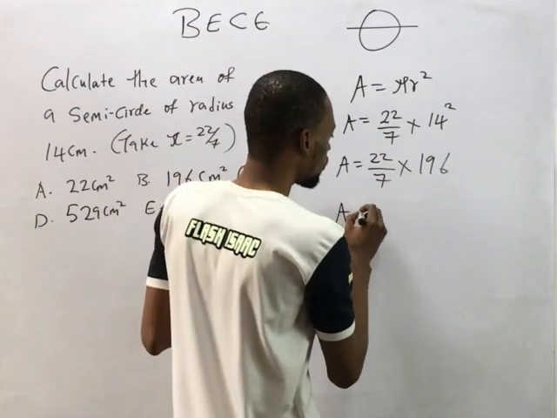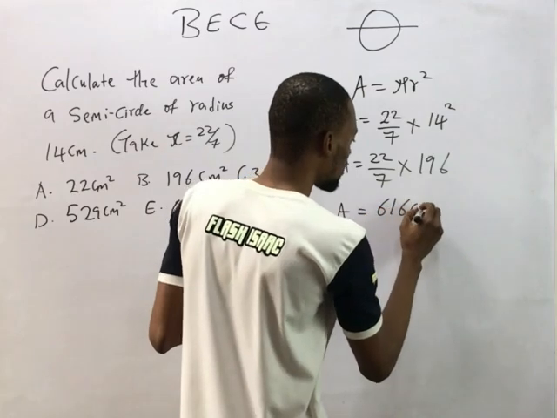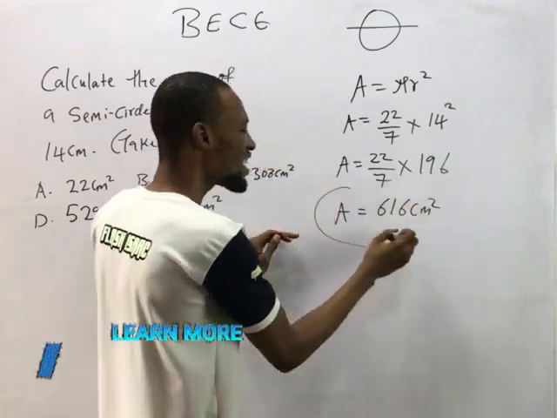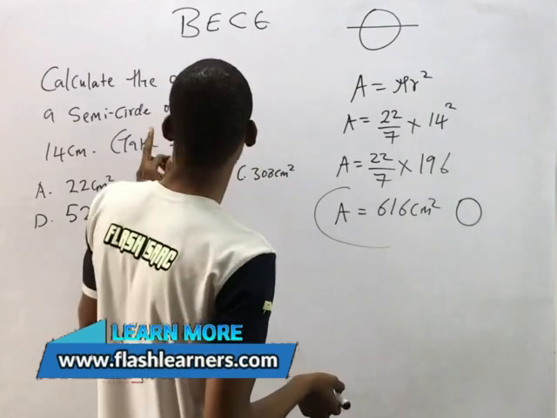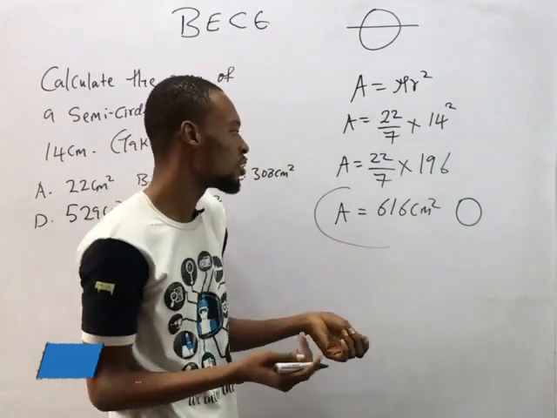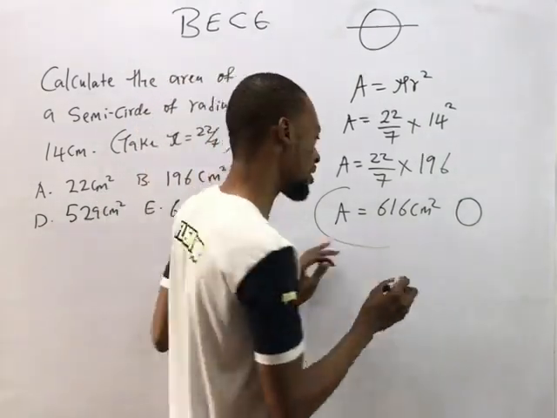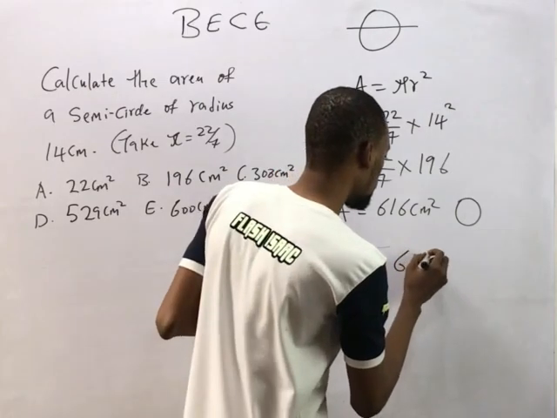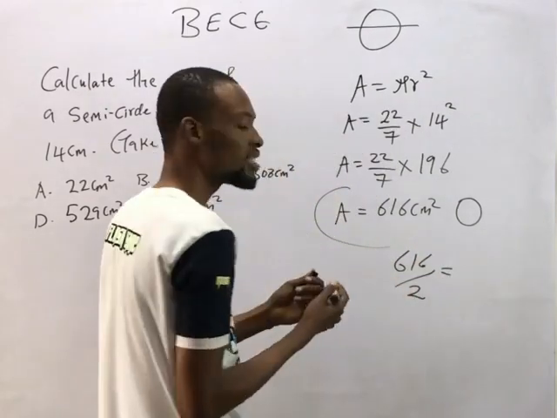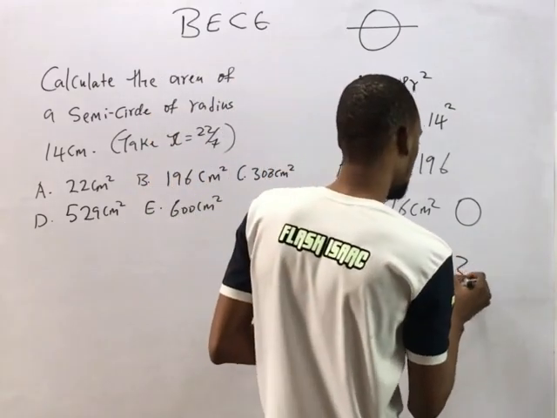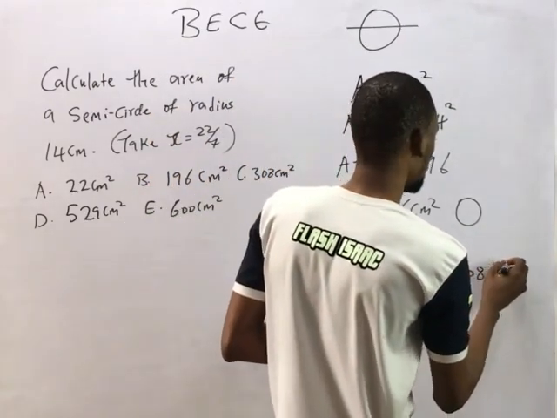So the area will be 616 cm square. So this is the area of a full circle, but we are asked to look for the area of a semicircle. So if you divide this area of the circle by 2, 616 divided by 2, that will give us the area of a semicircle, and that is 308 cm square.